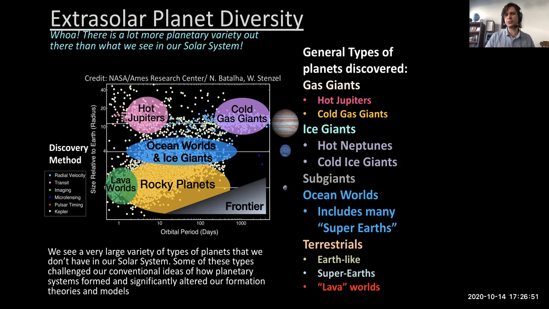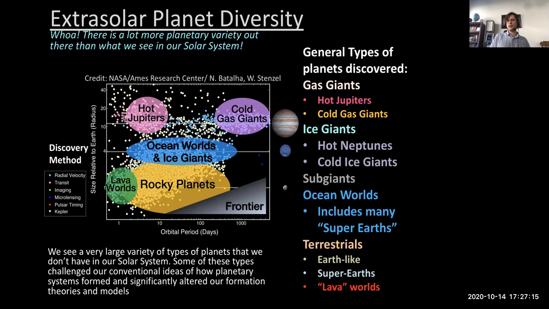And then with the terrestrial type planets, not only do we have these ocean worlds, which are somewhere in between terrestrial and say ice giants, but we also have super Earths. Terrestrial planets very similar to our Earth, but much more massive than the Earth. Say 1.5 or 2 times or 3 times more massive than the Earth, but otherwise just like the terrestrial planets we see in our solar system.